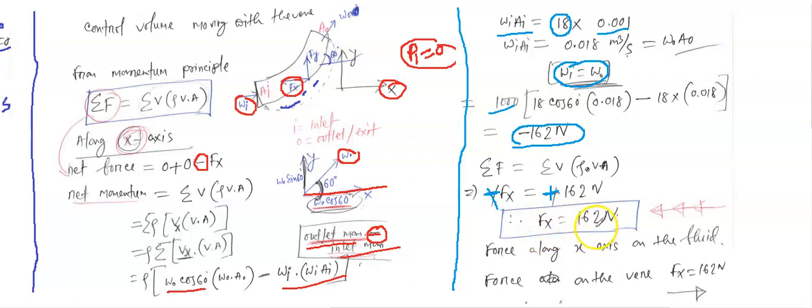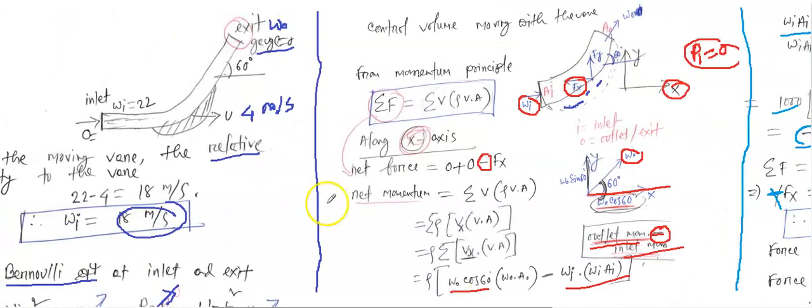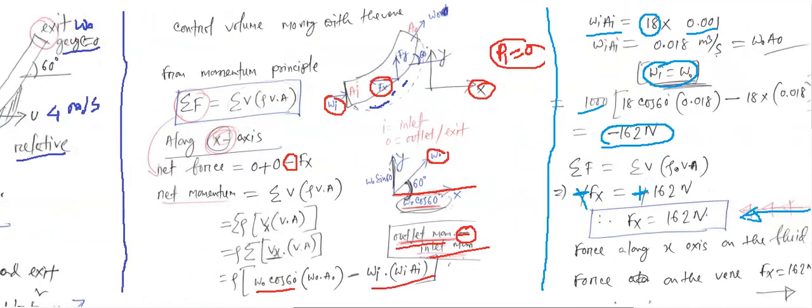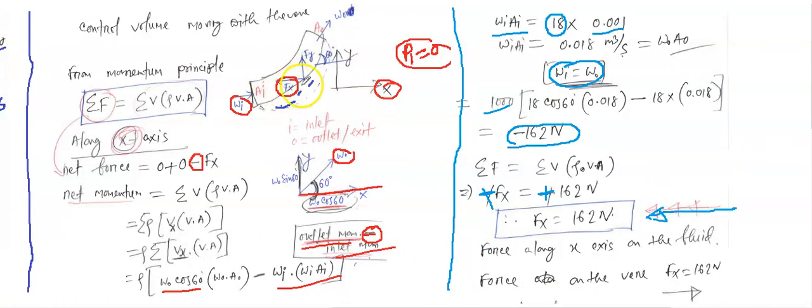That means this is the force along the x-axis on the fluid. It is positive, which means the force's direction is this way. If you see here, this is the Fx we calculated, and as it is showing positive, it is this way.